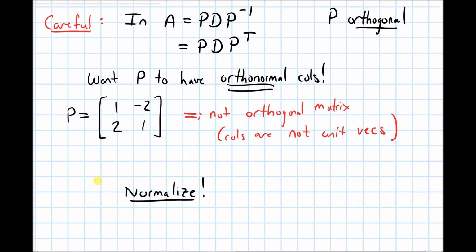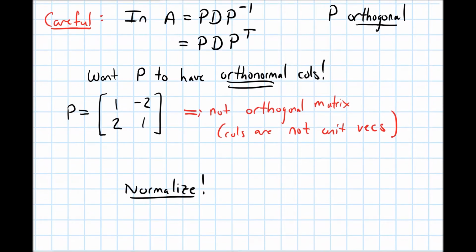So let's do that for our first eigenvector. After I normalize it, I'll call the new vector u1. So u1 is going to be v1 divided by the length of v1. In other words, I multiply by 1 over the length of v1.